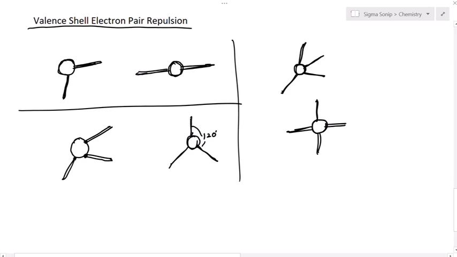But we need to keep in mind that this is a 3D shape. The sphere is 3D, so sticks can move anywhere on the surface of the sphere. So this is not the arrangement that you would get. What you would have is a tetrahedral shape, which is basically a triangular pyramid.